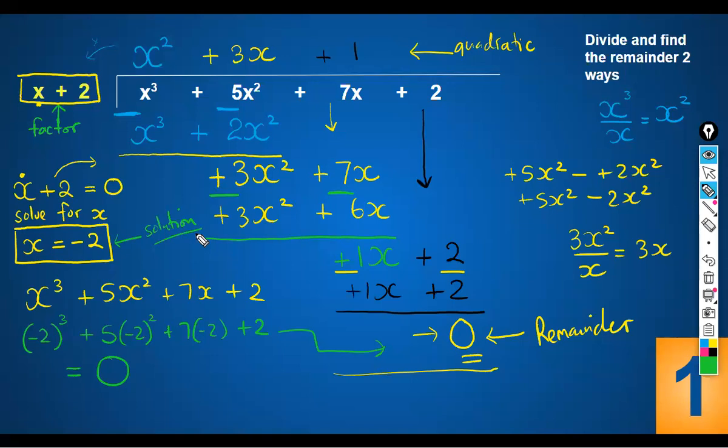The solution is the actual value of x that makes the whole thing boil down to 0. The factor has to be divided into it in order to get 0, a slight difference. So don't worry, guys, you're going to get another example in a little while. I have 3 examples later.